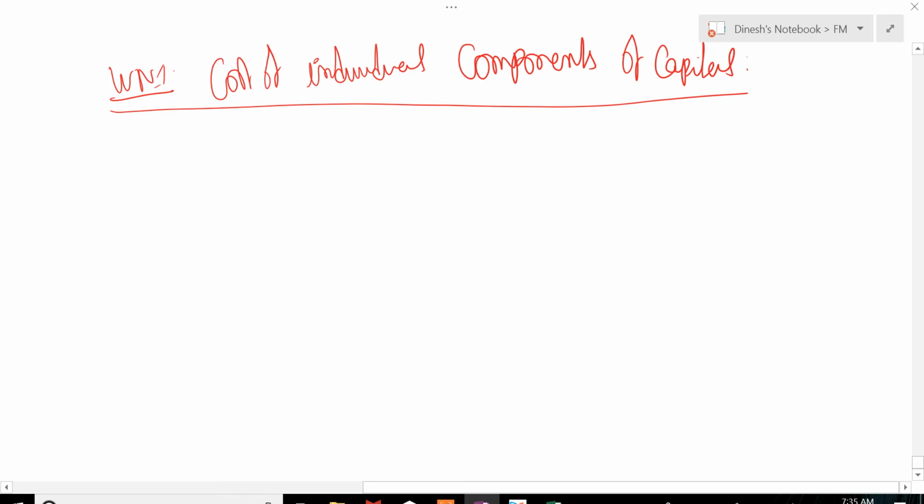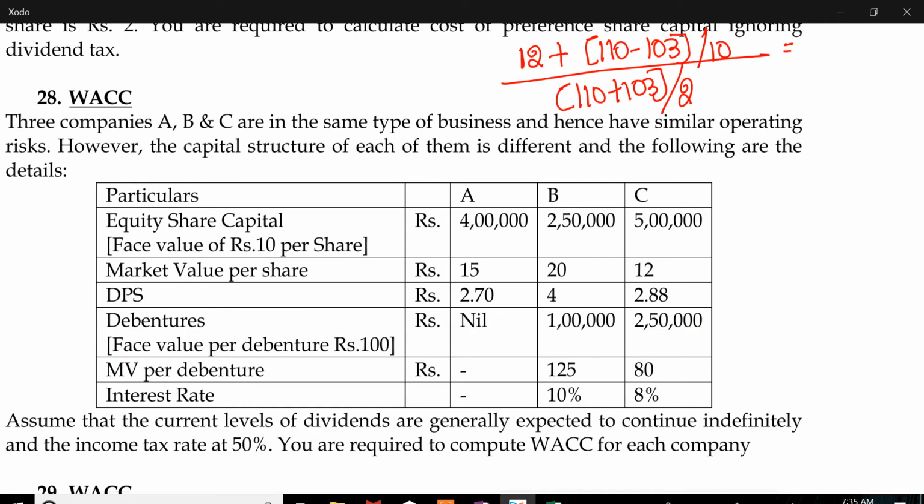In that, write firm A and underline that. We normally use the word firm instead of company. Firm A. Now, what are the various components of capital firm A has? Equity. Is there a debt in firm A? Only equity. It has only equity.